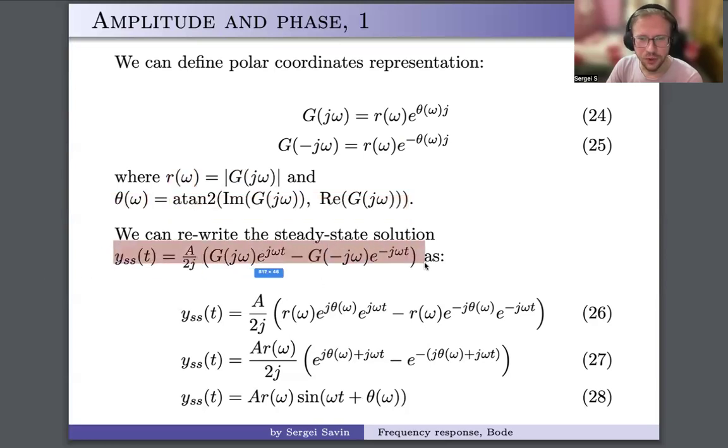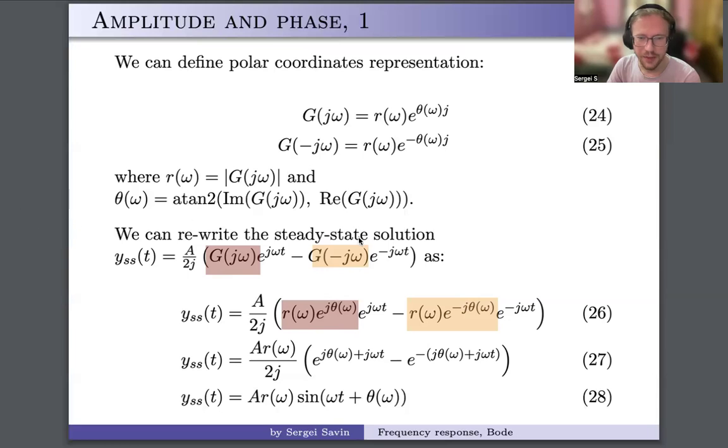Now, you remember this was our steady state solution in the time domain. What we are going to do now is replace, let me be careful. So we'll replace this with this, right? And we'll replace this with this. That's it.